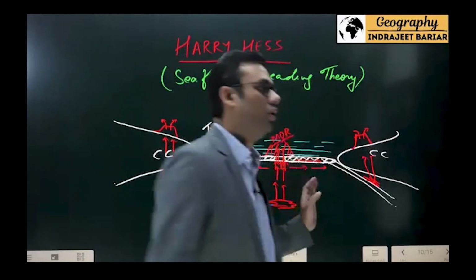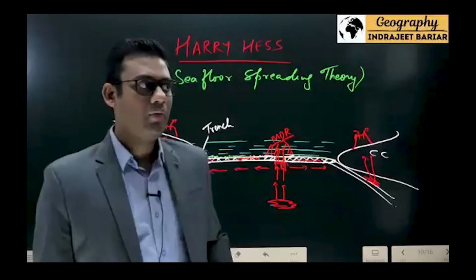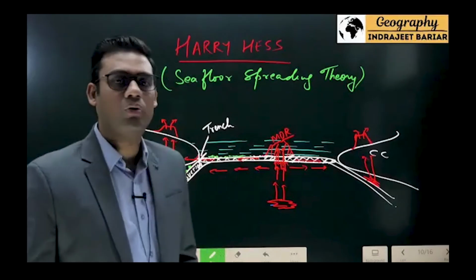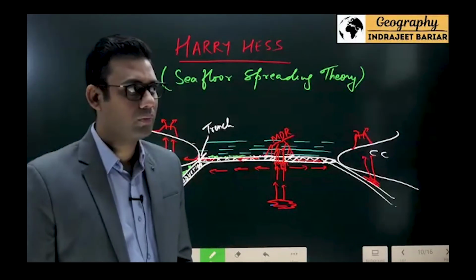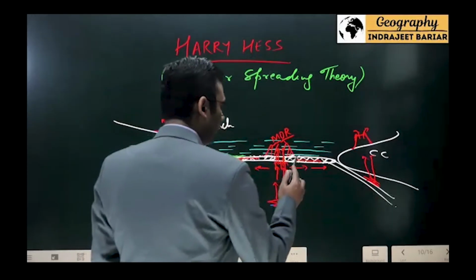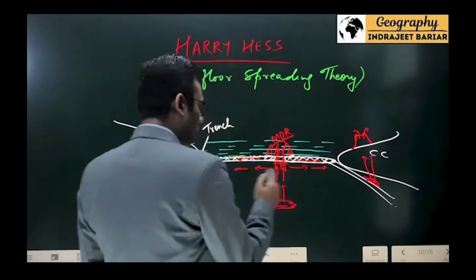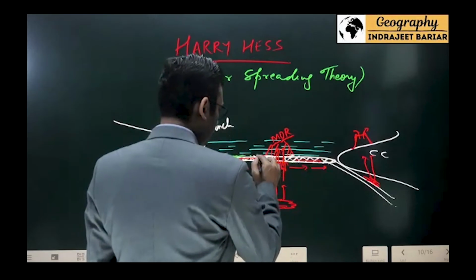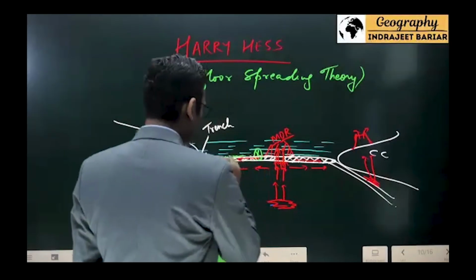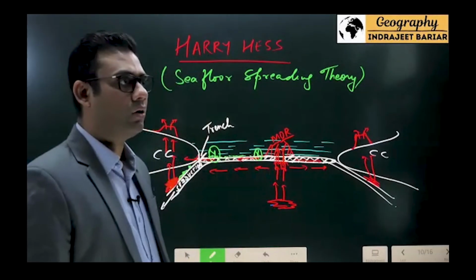So what were the evidences that were used to prove seafloor is spreading? The evidence basically is with respect to age of the rocks. Age of the rocks, अगर हम यहाँ पे बात करें, location X and location Y. Where should I have older rock?